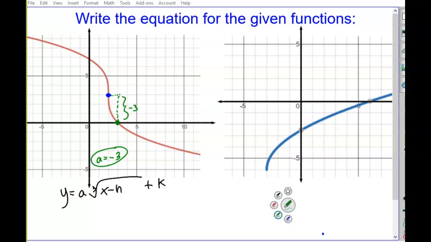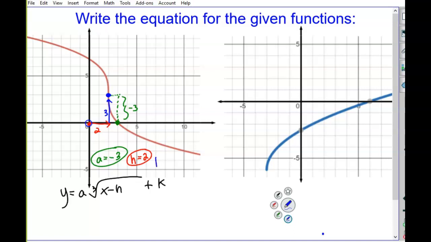So, how do we find the h and the k? Well, the h is from the origin, how far did I move over to get to my center spot? Well, here I went 2 units to the right. So, h is equal to 2. And then the k value is how far up did I go from that, which happens to be 3 as well.